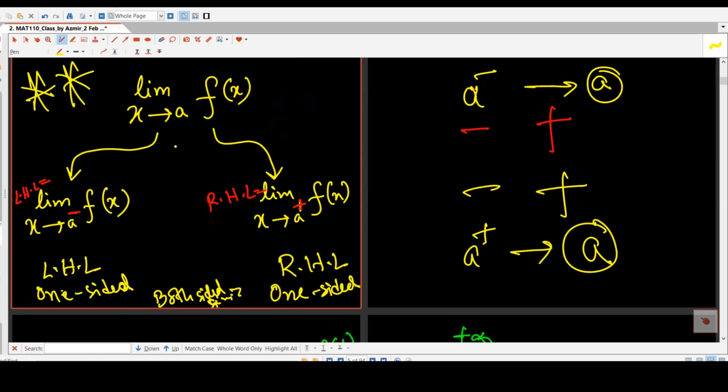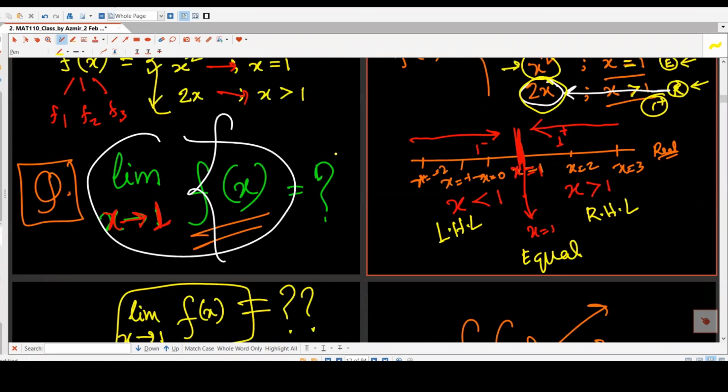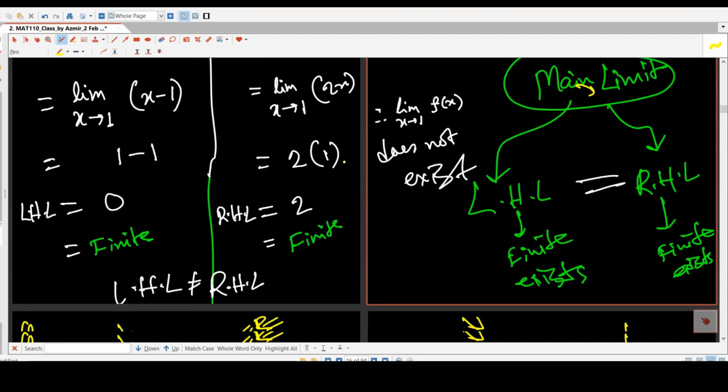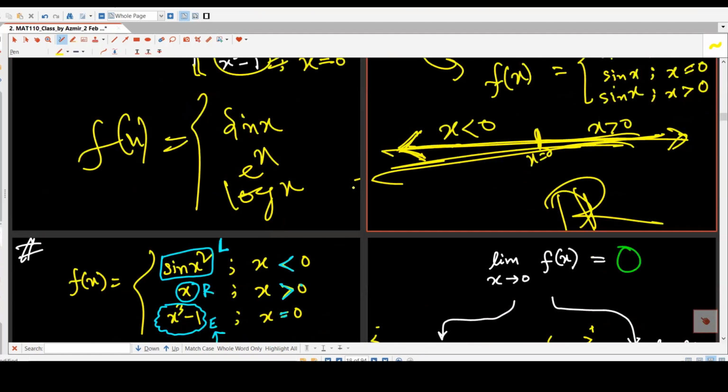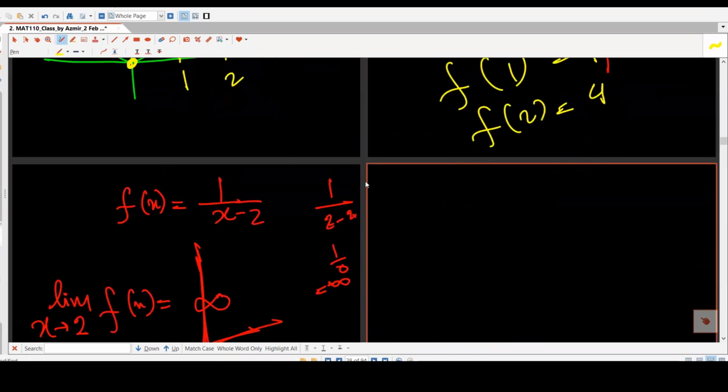We have to find the left-hand limit and the right-hand limit. If these two limits are the same, then we can say this limit will be the same one. So we have actually two methods. If we have a single function, then go with the first method. If we have several piecewise defined functions, you can go with the left-hand limit and right-hand limit concept.